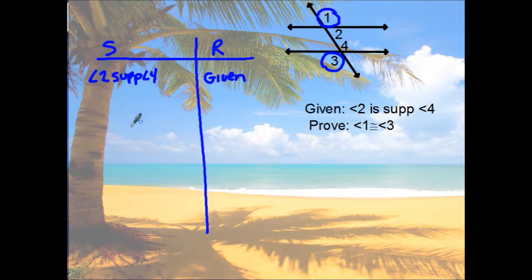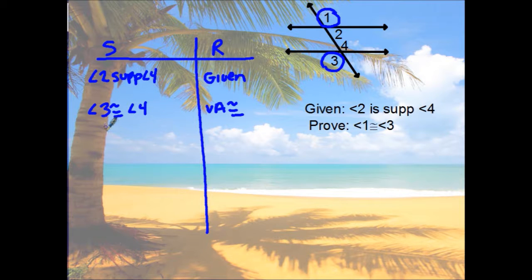Alright, so here we go. The next thing I see is that angle 3 is congruent to angle 4. The reason? Because vertical angles are congruent. Now, I've got a couple options here, so we've got to think about which option we want to use. Here's what I'm going to do.